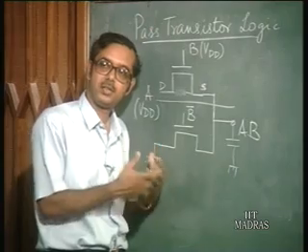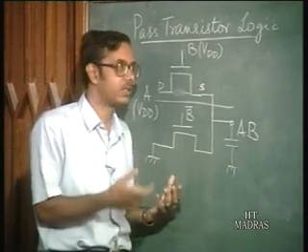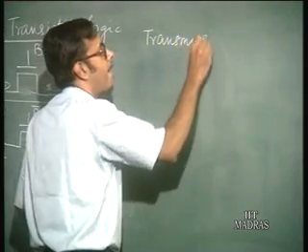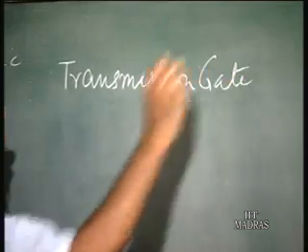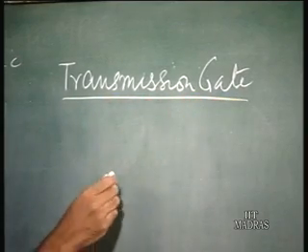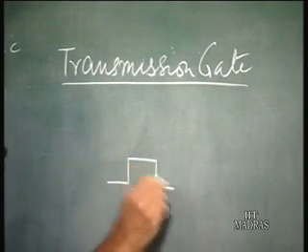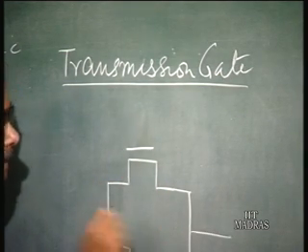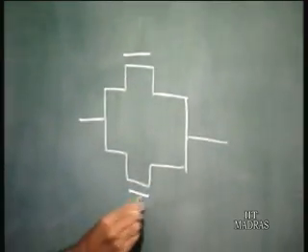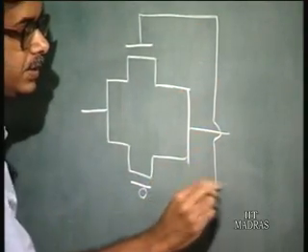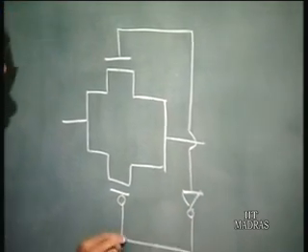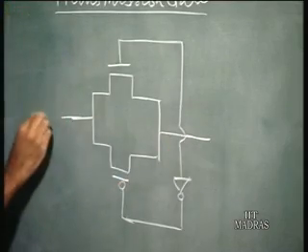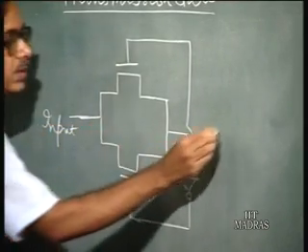So you have better switches to realize this same logic, called transmission gates. A transmission gate consists of an NMOS and a PMOS. This is an NMOS. You have an inverter here. The two gate voltages are complements of each other, and suppose this is the input, the other one is the output.